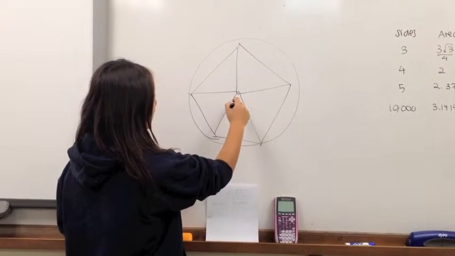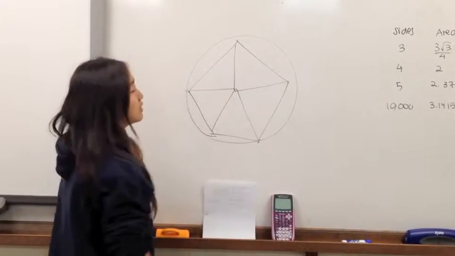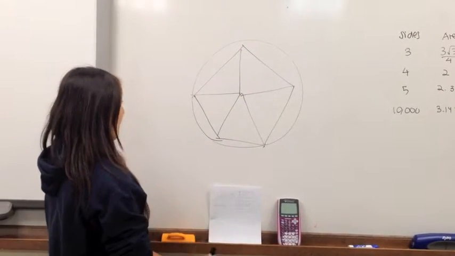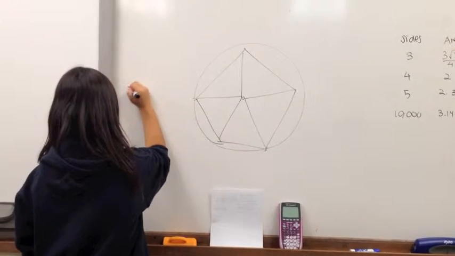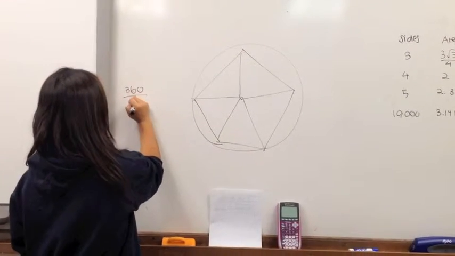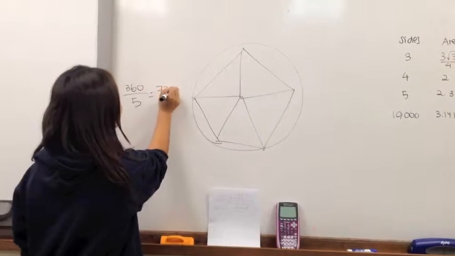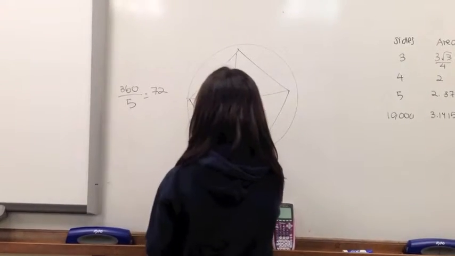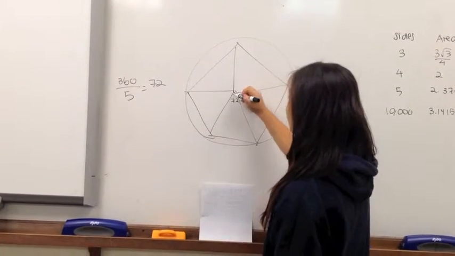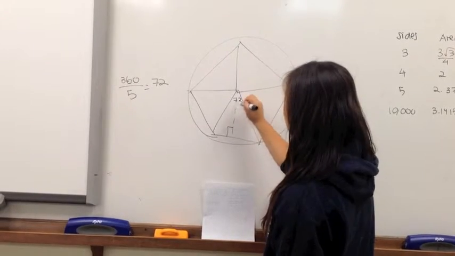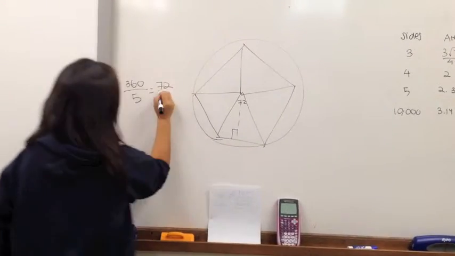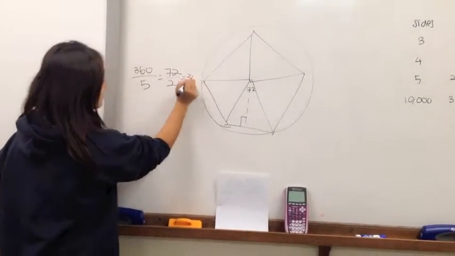We can find one of these angles by dividing 360 by 5, which is the number of sides. So that's 360 divided by 5, which equals 72. This equals 72 degrees then. And if you want to make this a right triangle, we would have to divide this in half again, making 36 degrees.